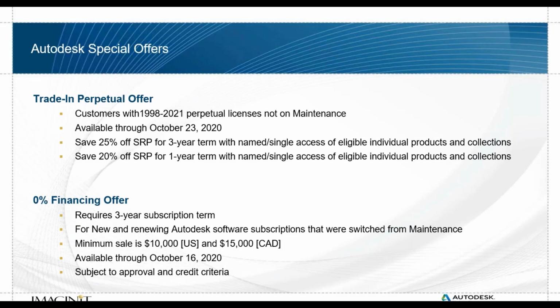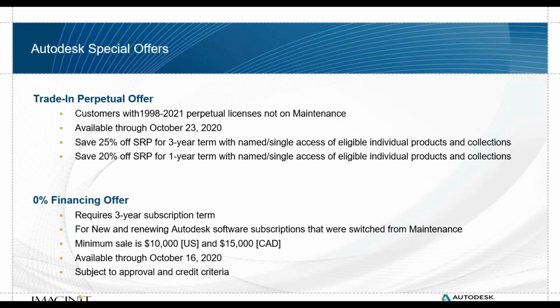So there's a trade-in perpetual offer, and this offer is for customers who have perpetual licenses that are not on active maintenance. And customers through October 23rd of this year who have these older releases, as far back as 1998 up to 2021, can save 20 or 25% based on the term that you subscribe for, and trade in those perpetual licenses for subscription.